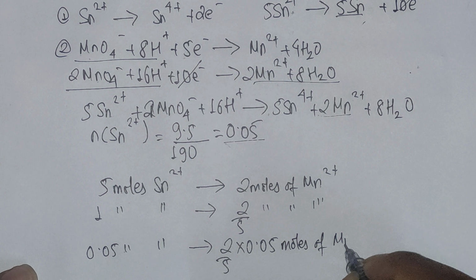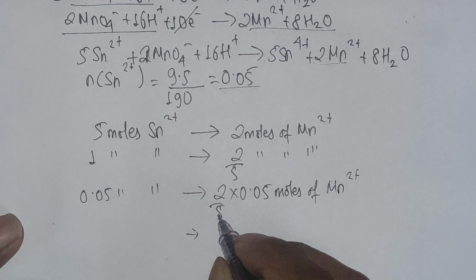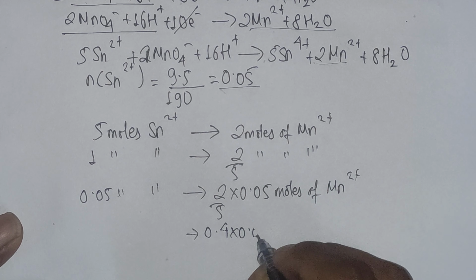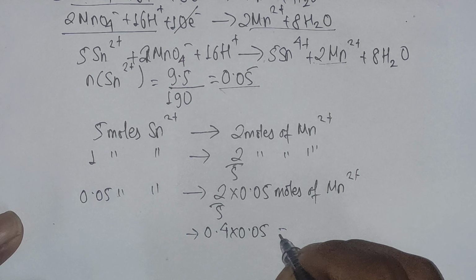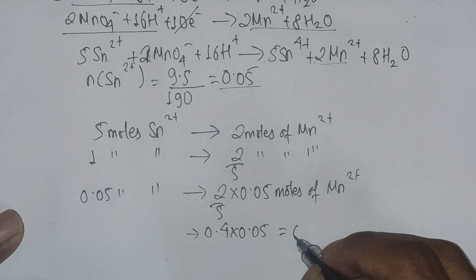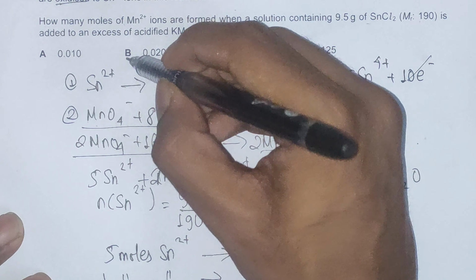Now 2/5 is 0.4, multiplied by 0.05, which is 4 5s are 20, so our answer should be 0.02, which, looking at the options, makes choice B the correct answer.